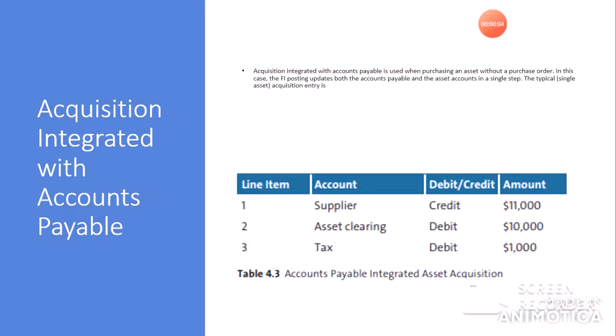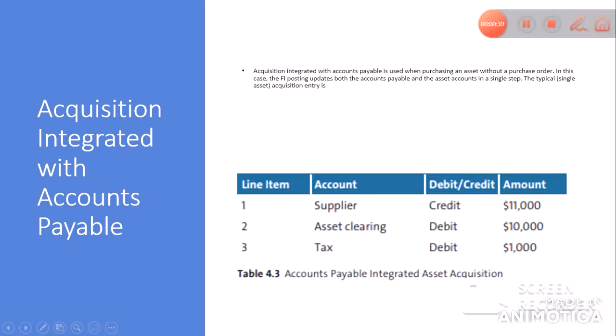Now let us see another method how we post the asset acquisition. It is with integration with accounts payable. So if we see the entry which we updated here, we can see the supplier credit, asset clearing debit, and no offsetting entry, and tax debit.